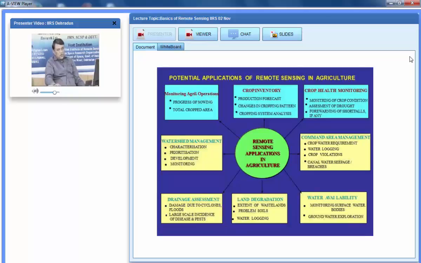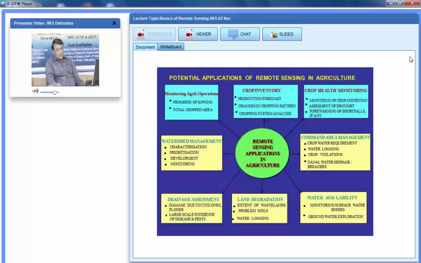So first of all, we will see the different kinds of remote sensing potential for agriculture. First, you can see monitoring of agricultural operations. Today, with the kind of data available in orbit, which has frequent repeativity, particularly with the INSAT satellite, which has even half-hourly continuous beaming, this high repeat satellite data makes it possible to monitor crop dynamics, including progress of Rabi crops, progress of sowing, as well as progress of crop area.